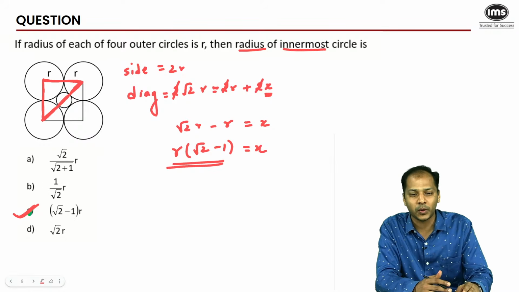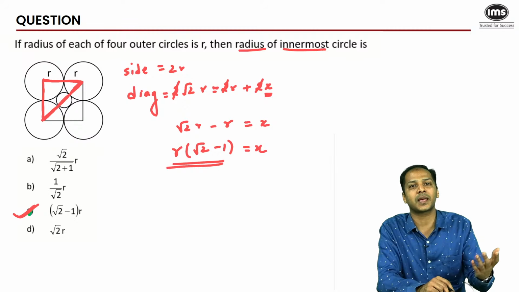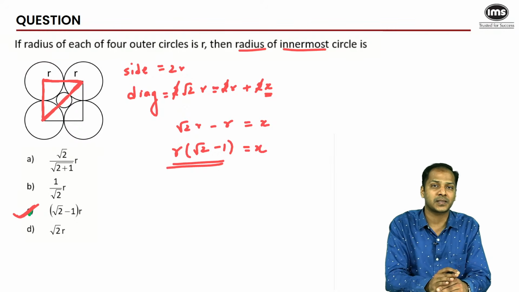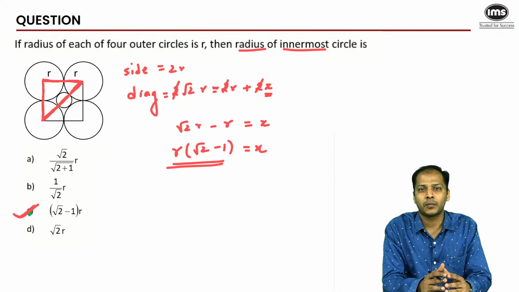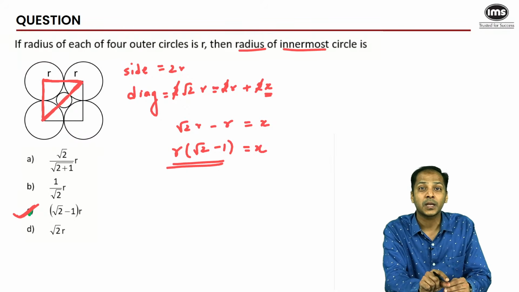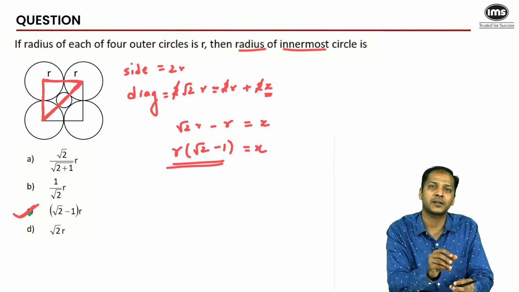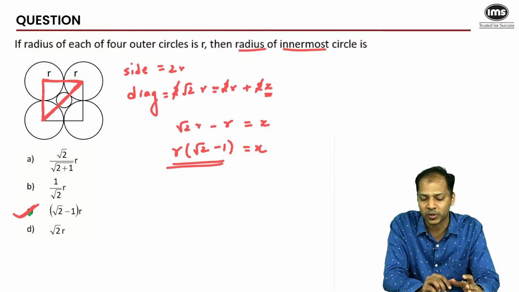It could have been solved very quickly, although the diagram appears to be a little tricky, because there are questions which involve squares and circles within squares. If you have solved the geometry modules and material from IMS, you might have come across questions which appeared somewhat similar. You had a circle within a square, and that equation used to be a little lengthier compared to this one.